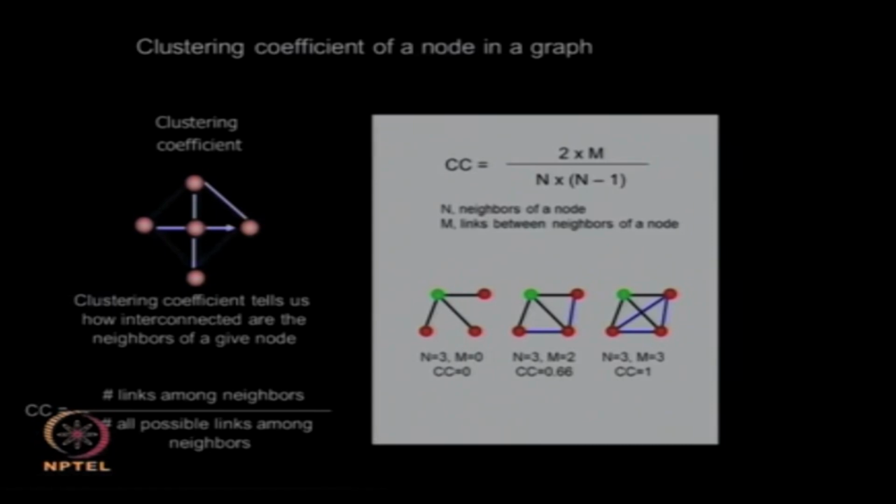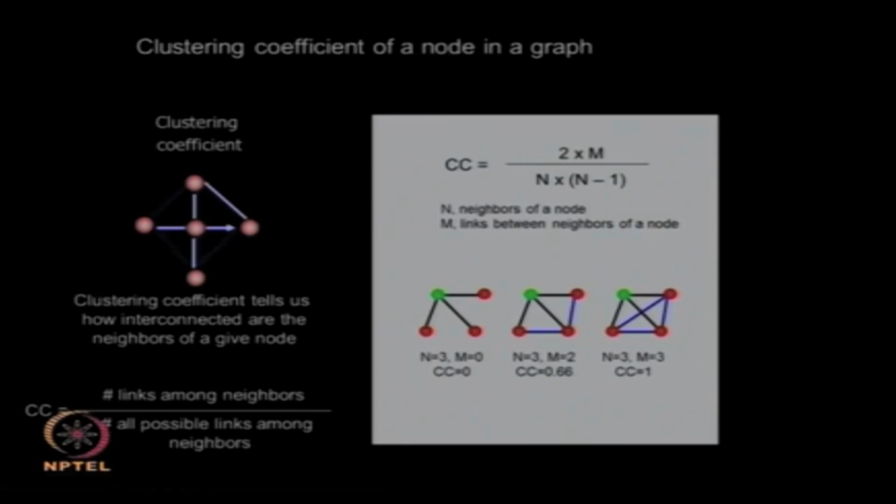Now, let's look at an example. In this figure, in the first example, the fluorescent node, the green node, has 3 connections, 3 red dots are connected to it. However, if you ask the number of connections between the red dots, it is 0. There are 0 connections between the red dots. But if they were fully connected, you would see that they would have 3 edges between them.